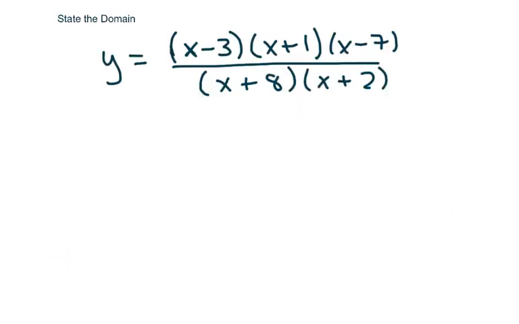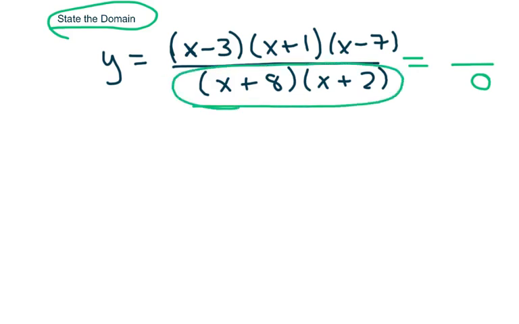And finally, again, remember, the reason we're doing this is because many times you want to know what the domain is of a rational expression. And remember, we cannot divide by 0. That's a no-no. So what would make this 0? Well, we wanted the domain to be all real numbers.